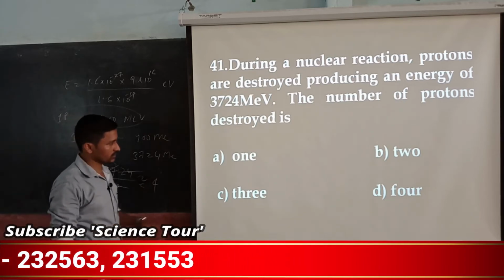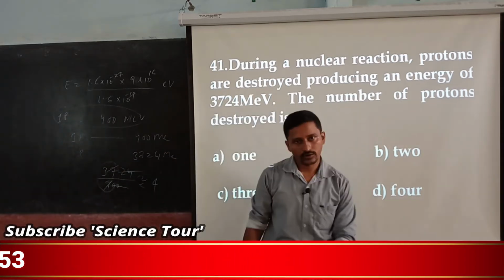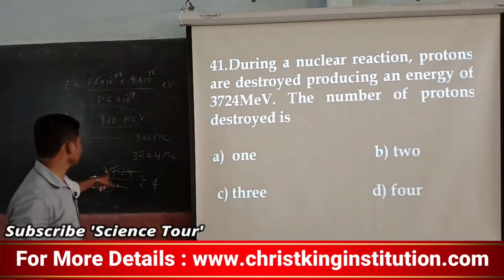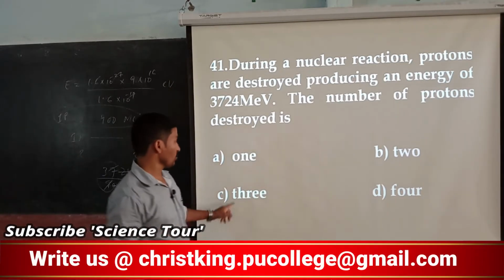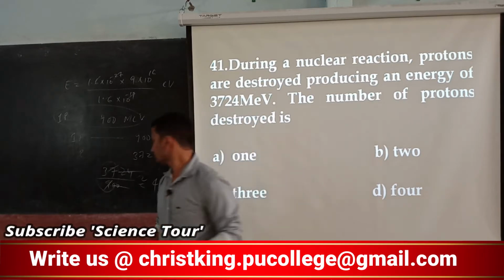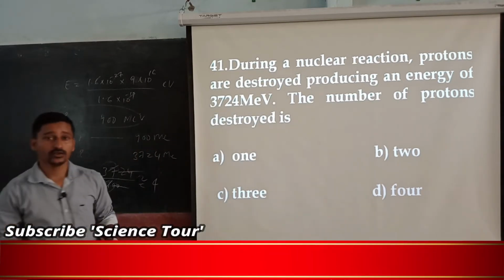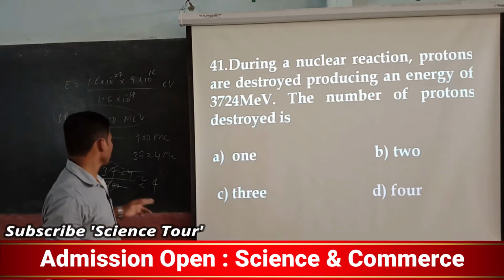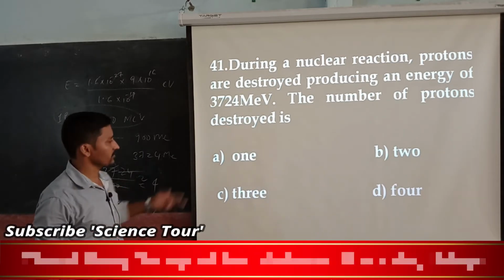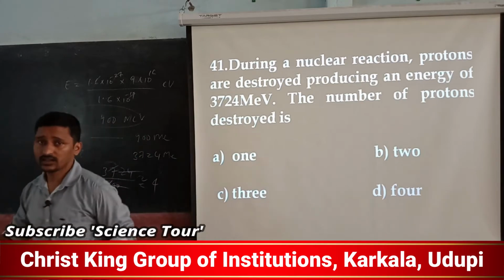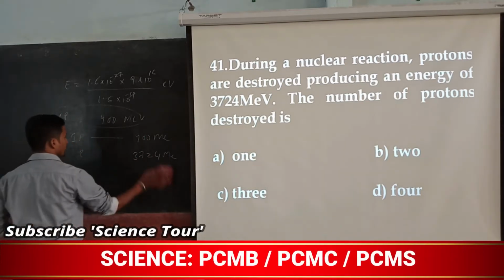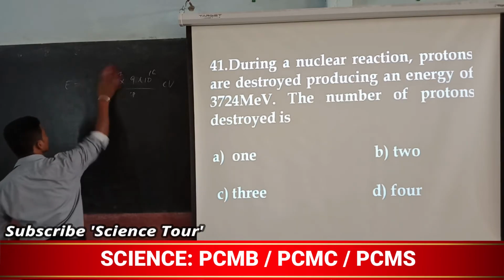Nearly 4, isn't it? Nearly 4 protons. Done, isn't it? It is definitely 3724, not 1 time, not 2 times, not 3 times. 9 threes are 27, 900 threes mean 2700 you are going to get. No, it is 4 times. Simple. Use your brain properly and do that. Okay, that is the thing.